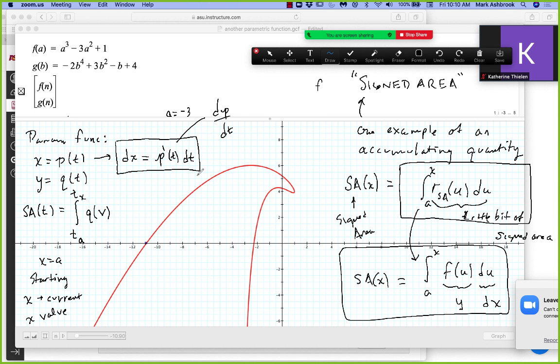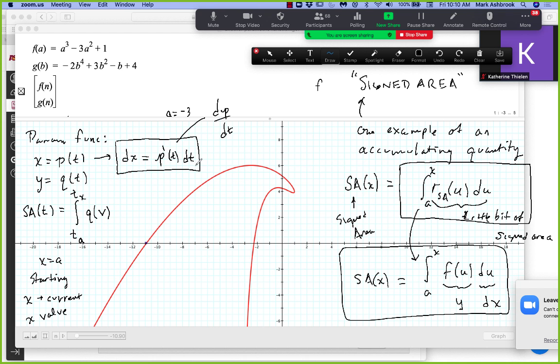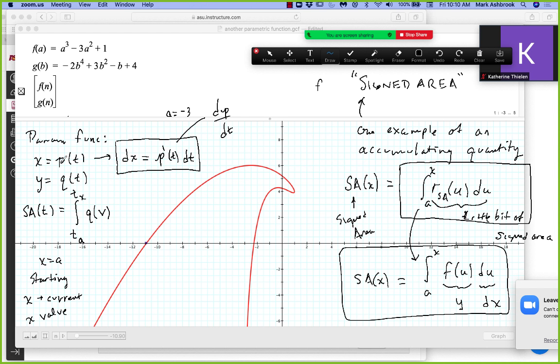So this is a huge theme we've had all semester. Given a small change in your independent variable, in this case t, your change in your dependent, x, will be the rate times the change in t. So now, what will I write for du? This is like y, and du is like dx. So what will I write?